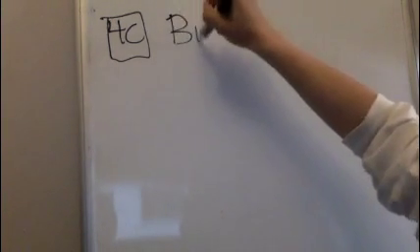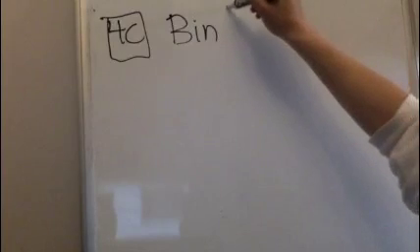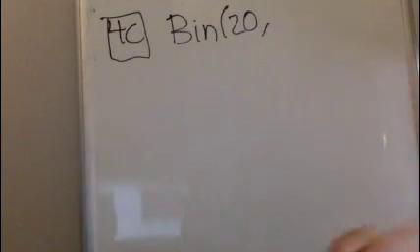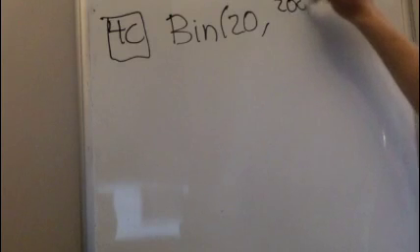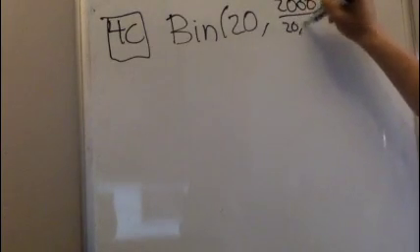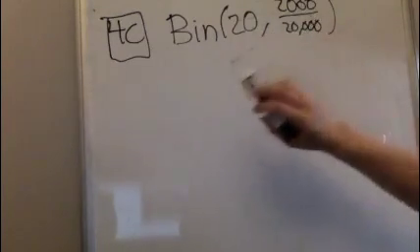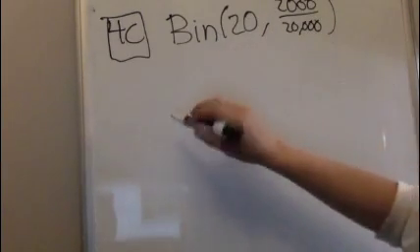And here, how many trials do we have? Well, we're sampling 20 times. And probability of success, which here is choosing a post by Daniel, would be 2,000 over 20,000. And we're looking at the probability that this binomial variable equals 7.